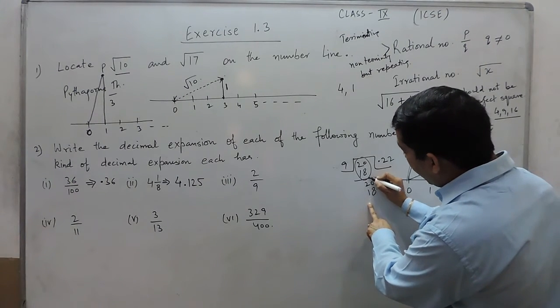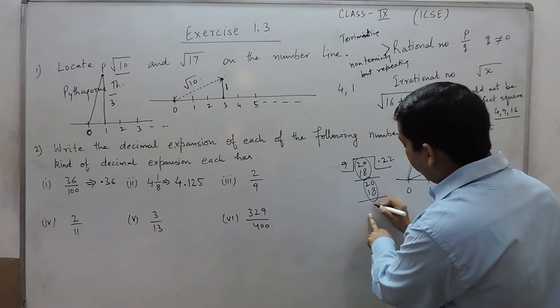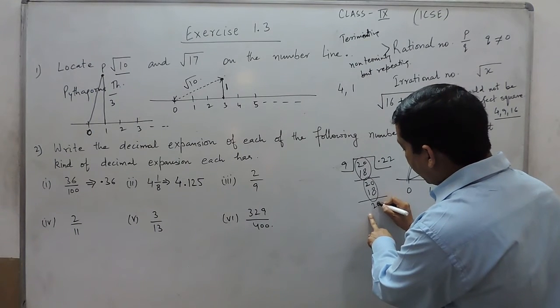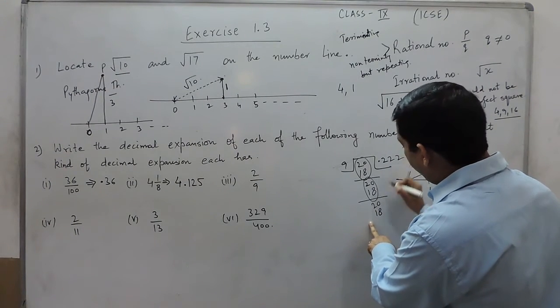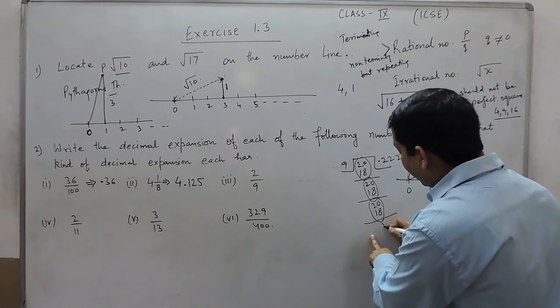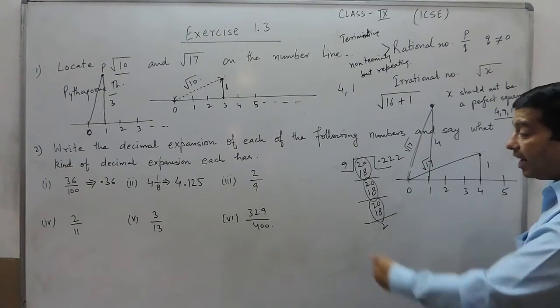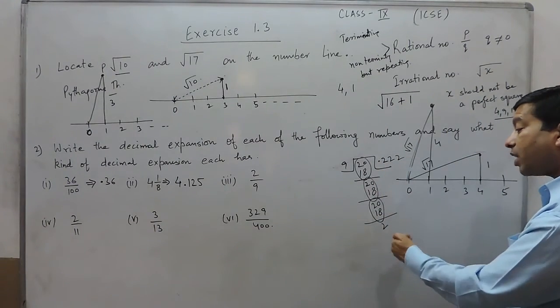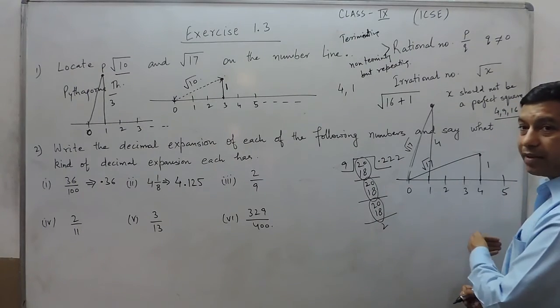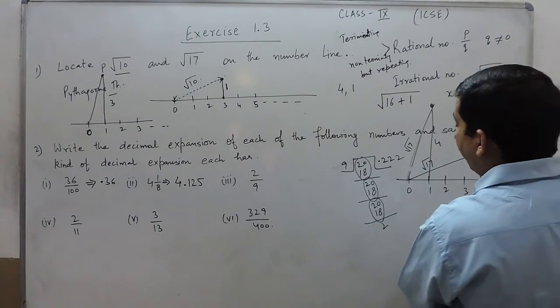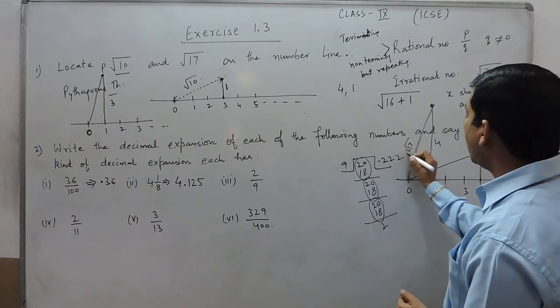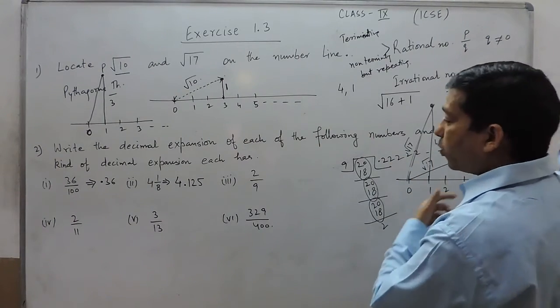While putting a 0, again this will give 2 as a remainder. Again putting a 0, again this will give 2 as a remainder. So this remainder is never ending. This will remain 2 till infinity. And because the remainder keeps on coming, this 2 will also keep on coming up to infinity.